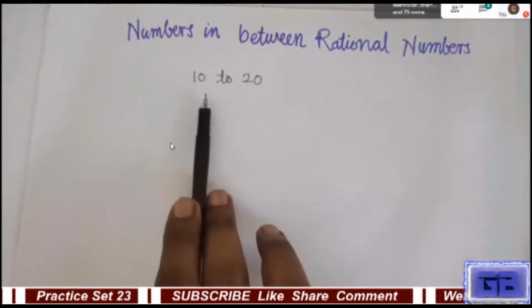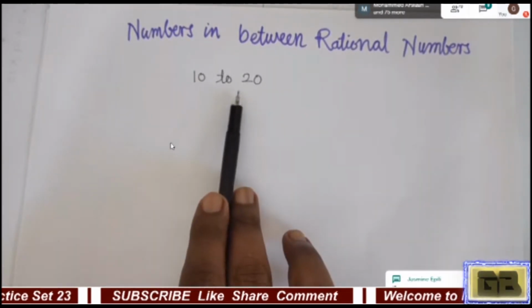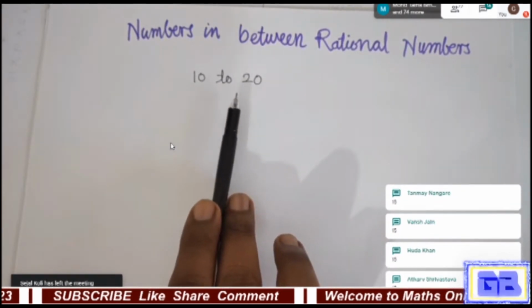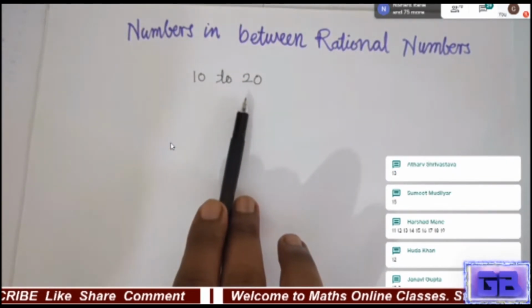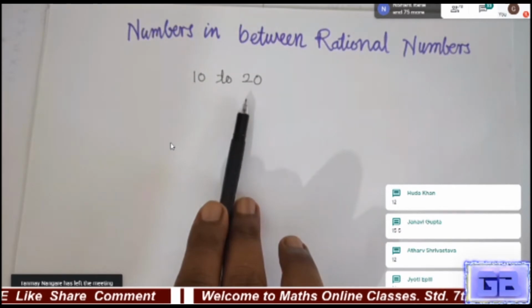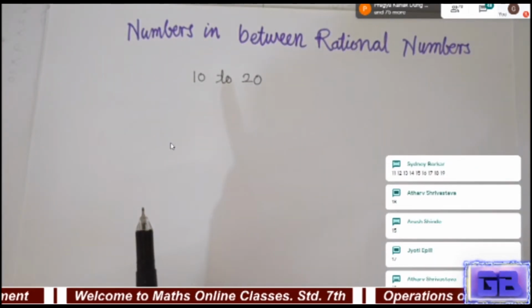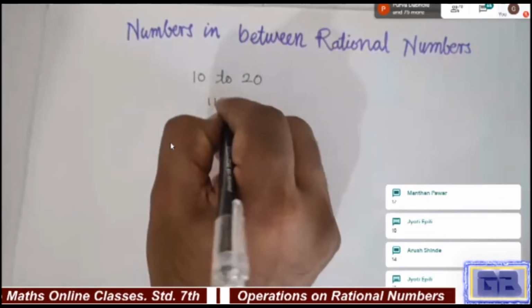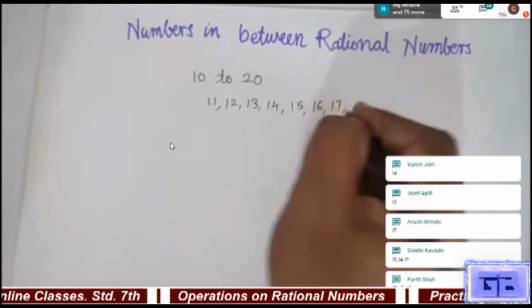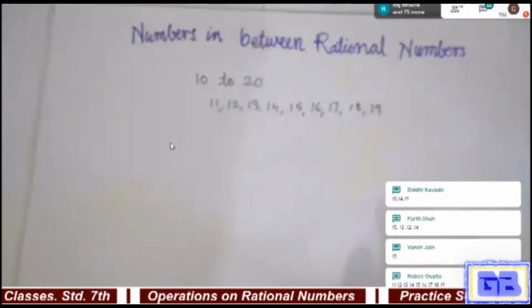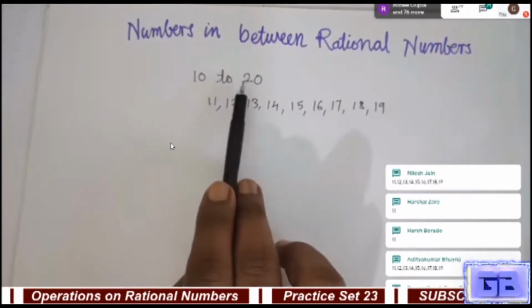Harshad Mane has written all: 11, 12, 13, 14, 15, 16, 17, 18 and 19. Okay, stop typing. These numbers are in between 10 and 20.